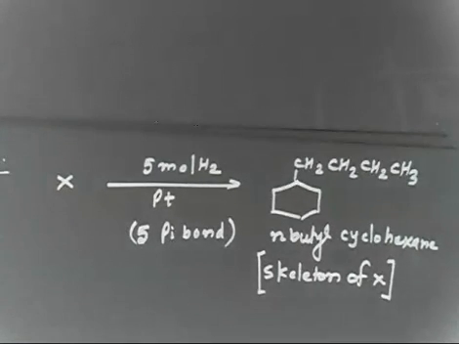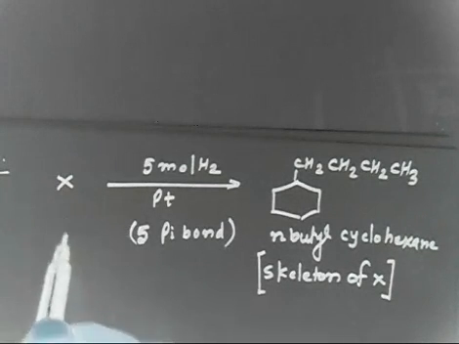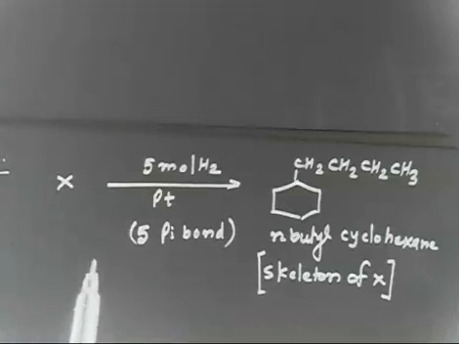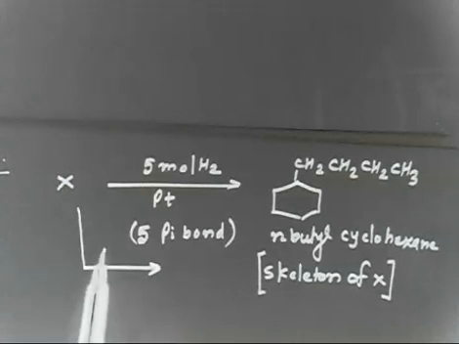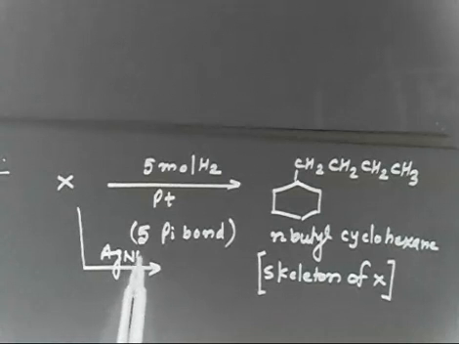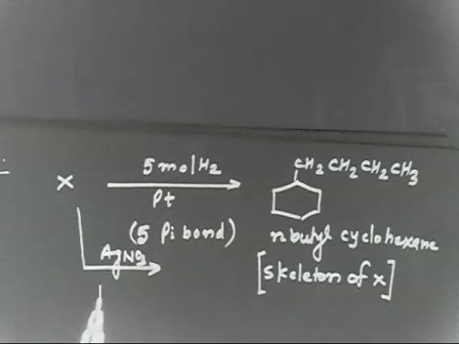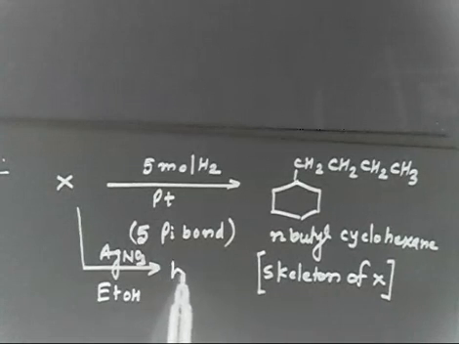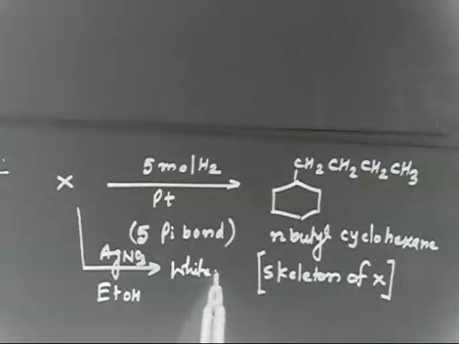Now the next says when X is treated with silver nitrate, AgNO3, in ethanol solution, ethanol is a solvent, it gives a white precipitate.